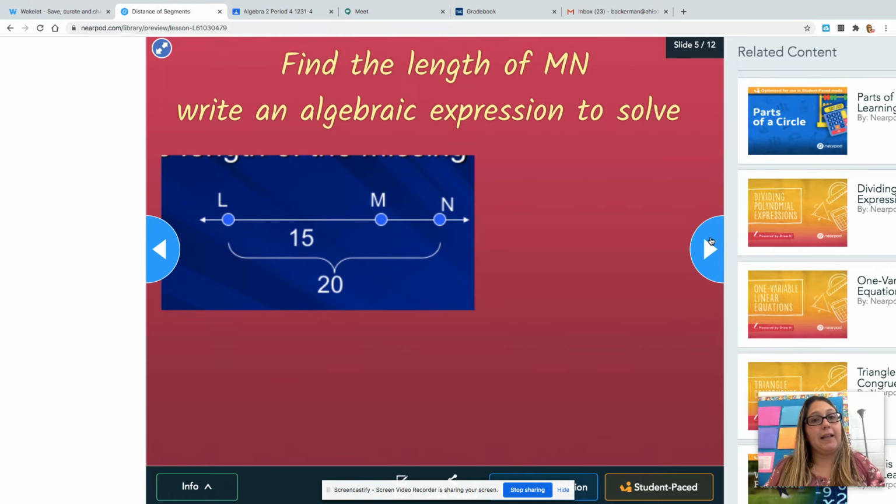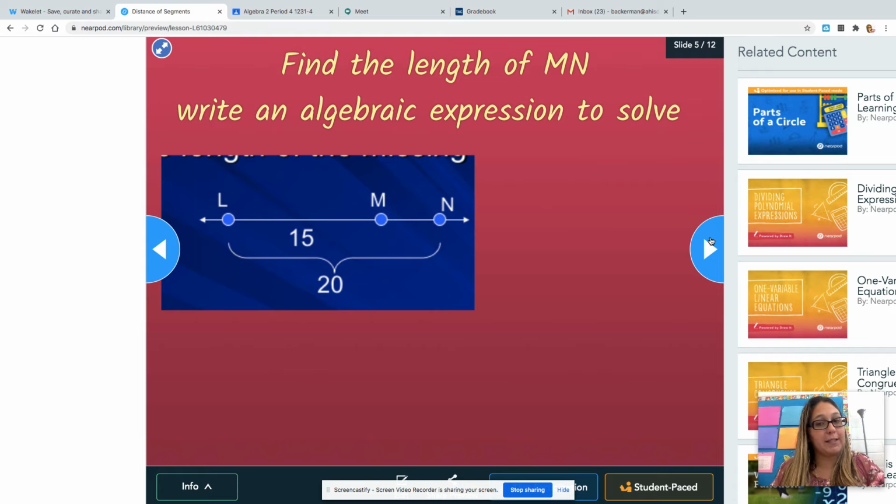So finding the length of MN is very similar to the one I just went over, but we can also write an algebraic expression. A geometric expression, right, geometry, is when we're using the letters. So I could say LM plus MN equals LN.